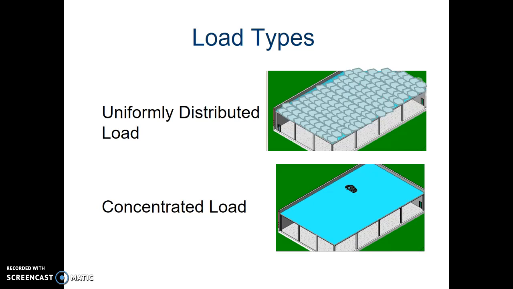A concentrated load is a load that's applied to a small area, like a vertical stack of 5 copy paper boxes. So in this picture, we have a small vehicle on the roof of a building. That would be considered a concentrated load. Although the load may actually be distributed over a small area, it's often assumed to be applied to a single point.